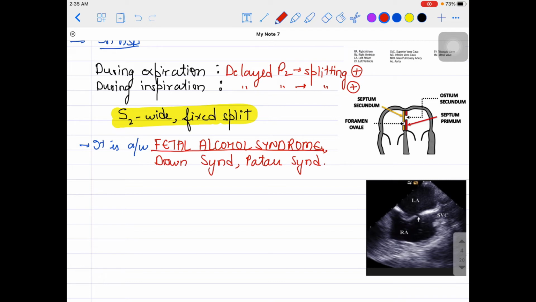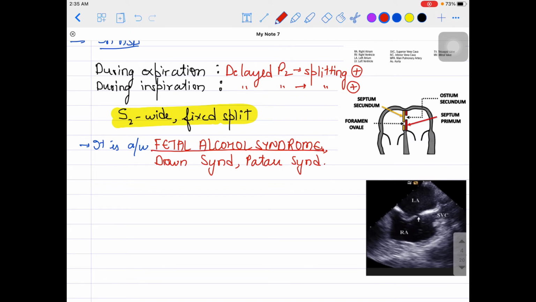Then at what point of time would it be present? It is a congenital heart disease, right? So it will be present at birth. Usually this is called an acyanotic heart disease, right? Here we are not talking about cyanosis and all of those things. This is the congenital heart disease where you will find ASD patients even in the adult age group, right?